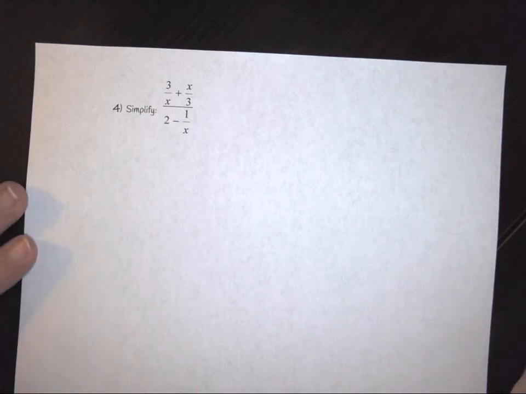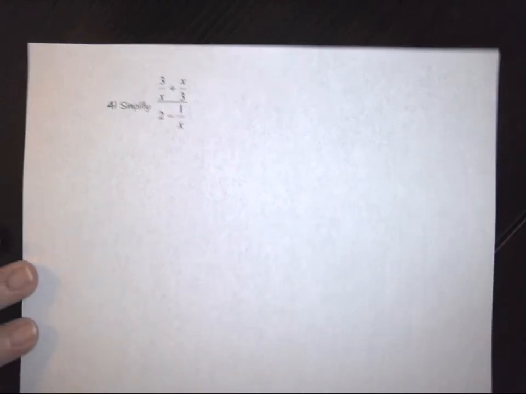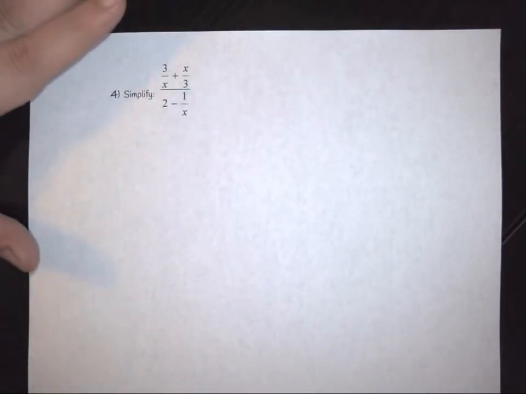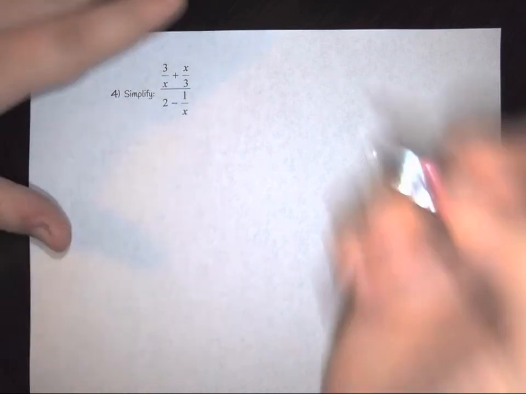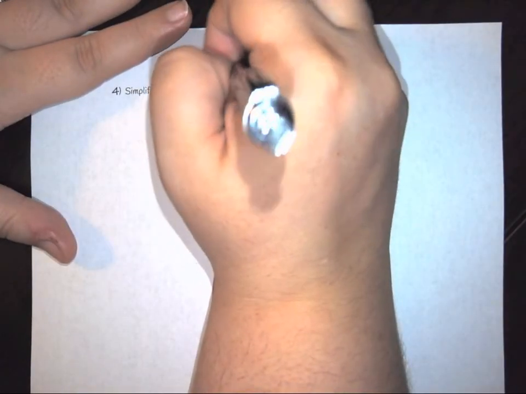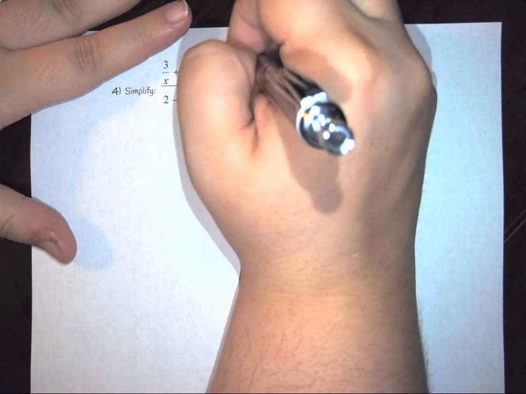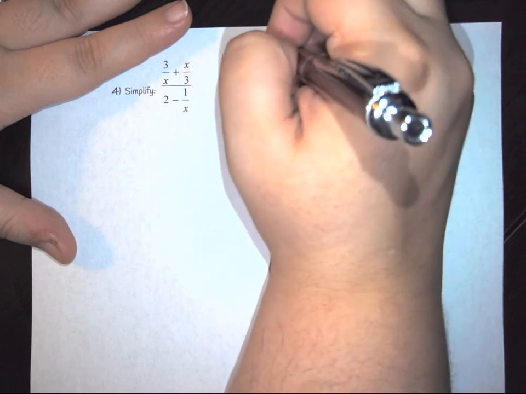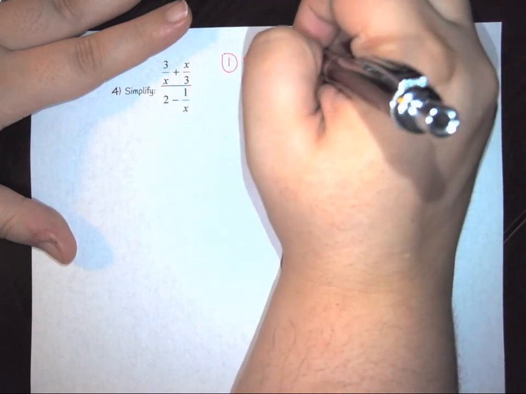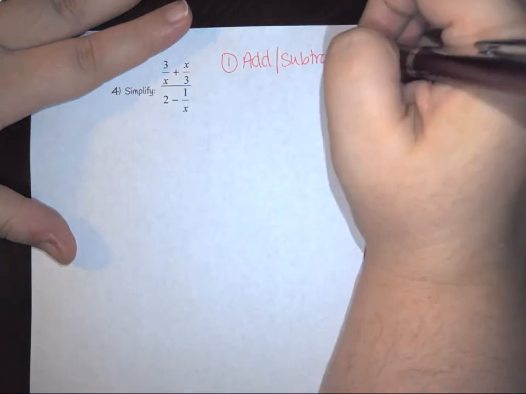The last one that I wanted to look at real quick is a fraction on fraction one. And this one is really important because first you have to use your add, subtract fraction rules.